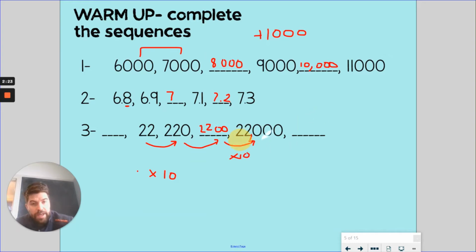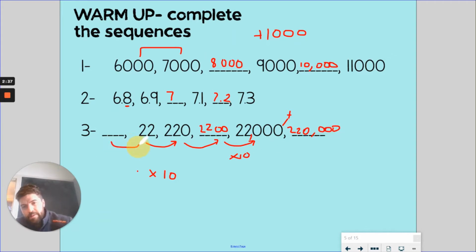Next one is going to then be 22,000 multiplied by 10. I'm going to add a 0 on there, and that's going to become 220,000. We are missing one at the start though, back here.